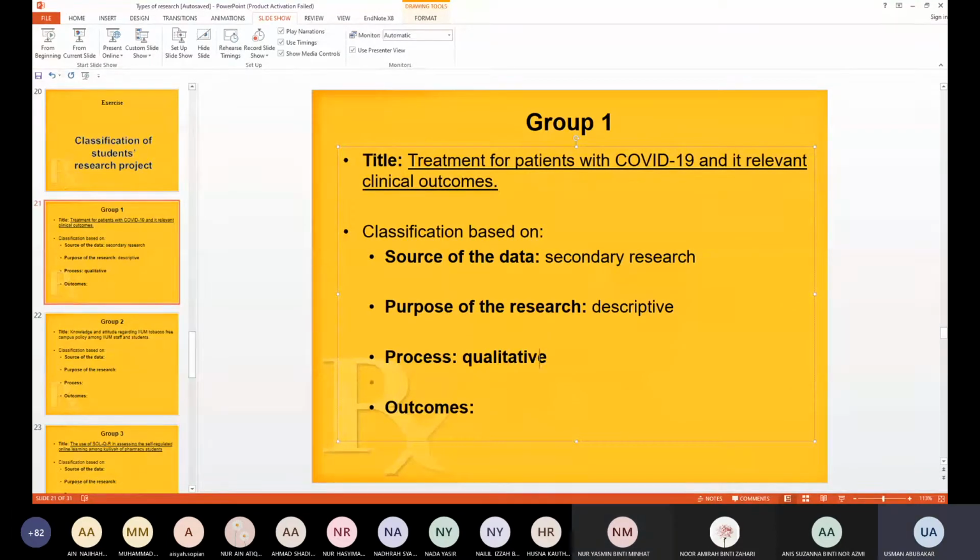How about based on the outcomes? Is it fundamental or applied? Other members, even if you are not in this group, you can chip in to voice your opinion. Is it applied or basic? Basic.